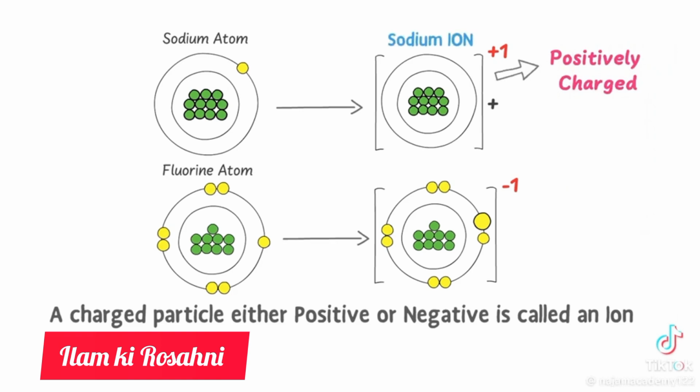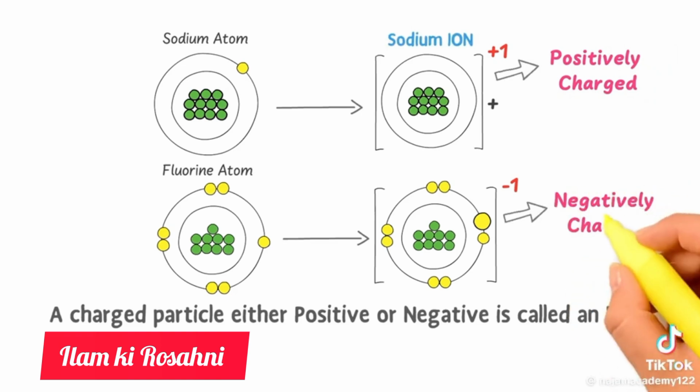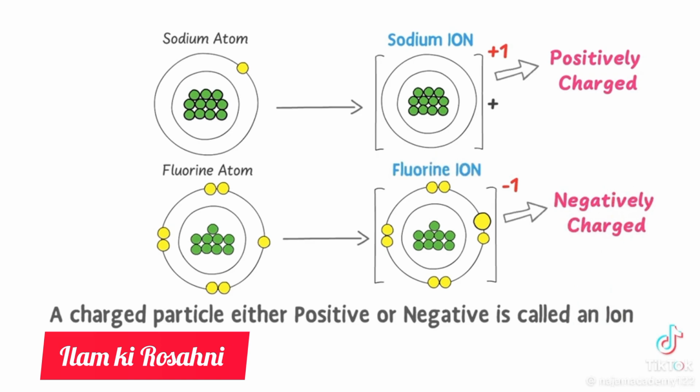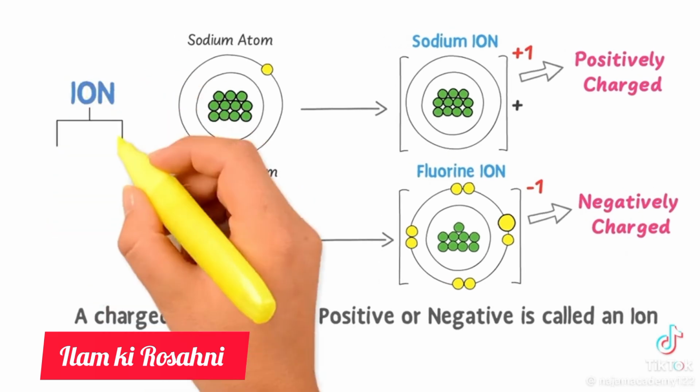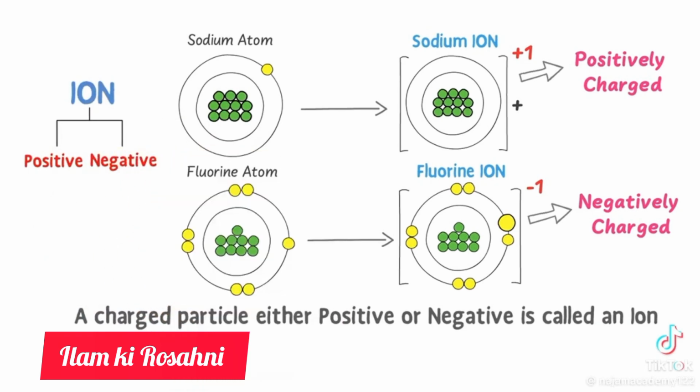When a fluorine atom gains one electron and becomes negatively charged, we call it a fluorine ion. From this example, we also learn that an ion may be positive or negative. Positive ions are called cations and negative ions are called anions.